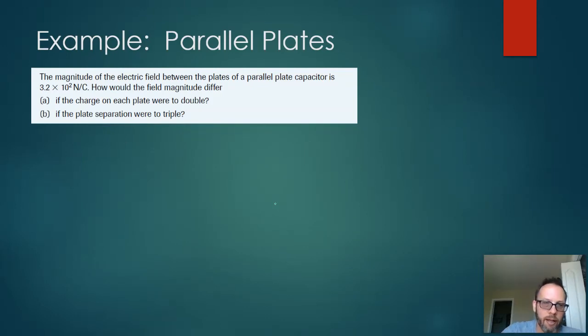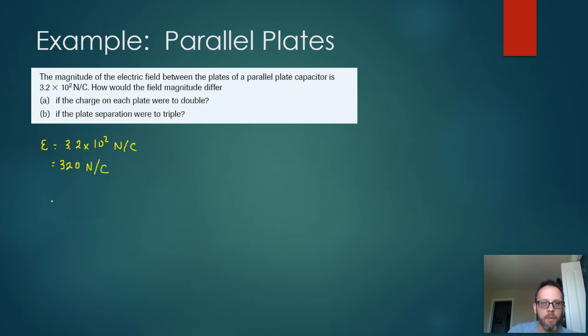So a really quick example, and it's actually not even a lot of math, just to reinforce that. We have the magnitude of the electric field between two parallel plates is 3.2 times 10 to the 2 newtons per coulomb. I guess that's just 320.